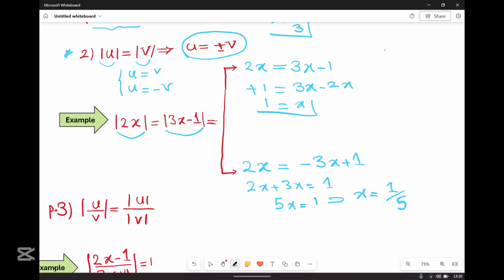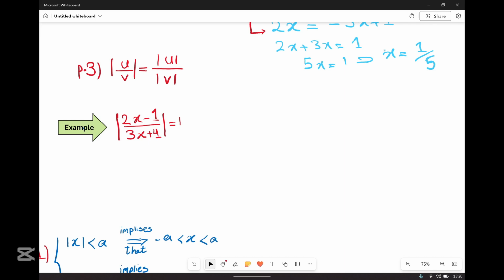Another important thing: when you have a fraction inside the absolute value, you can separate it, and it turns into the absolute value of u divided by the absolute value of v.